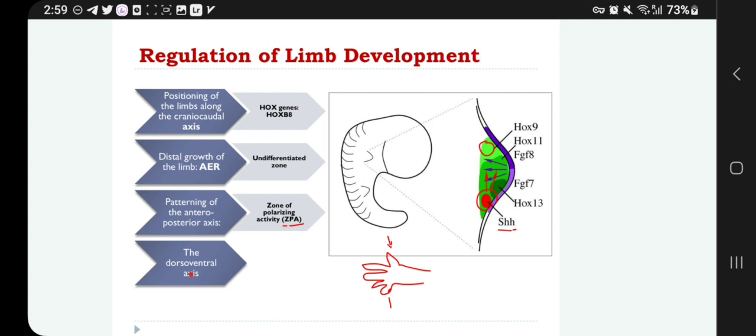The dorsoventral axis means it determines for you the flexor in anterior and extensor in posterior in an upper limb, for example. In the lower limb it's vice versa. It depends on the expression of bone morphogenetic protein BMP4 like this, and expression of some genes can make this pattern for you.